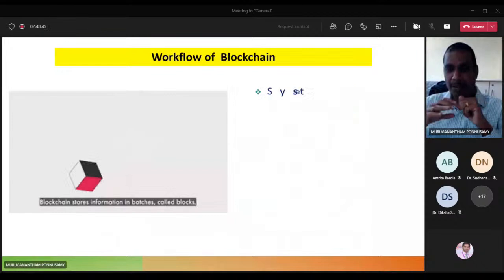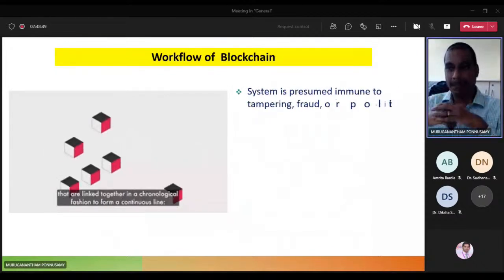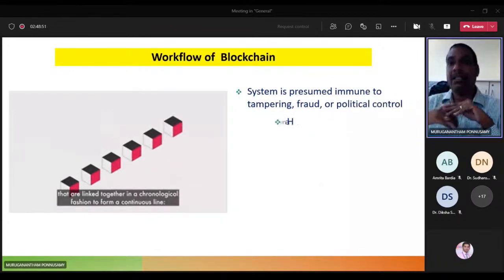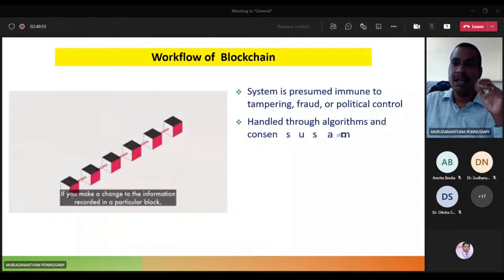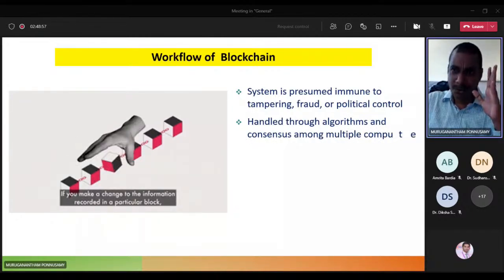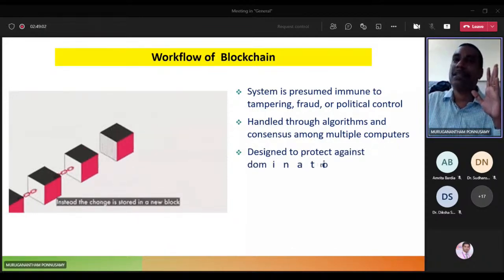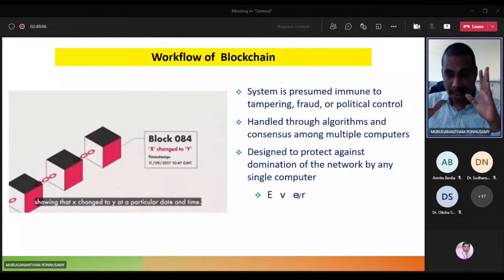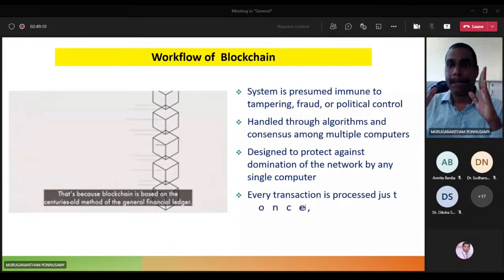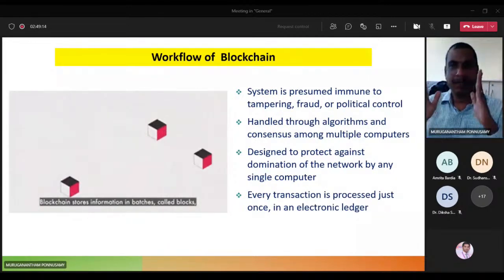I hope you have seen the video demonstrated by the previous speaker regarding the workflow of blockchain. The system is presumed immune to tampering, fraud, or political control. It is not at all possible to tamper. The reason, please be patient for some time, I will explain.